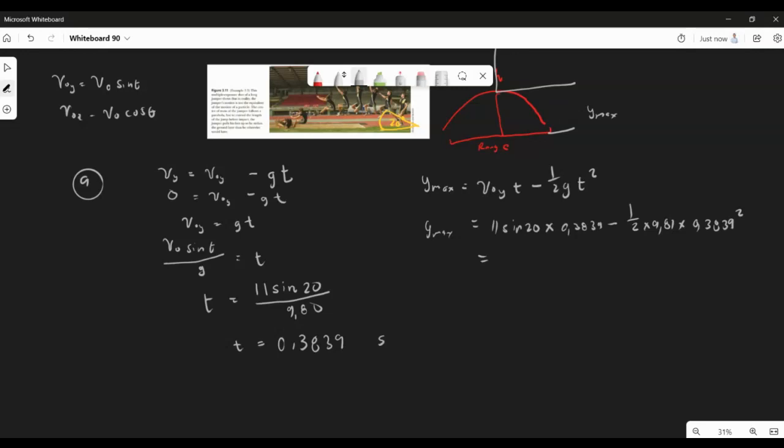So can I quickly get that Y max? Yes, Sizonke, is it compulsory for us to use VO for initial velocity?